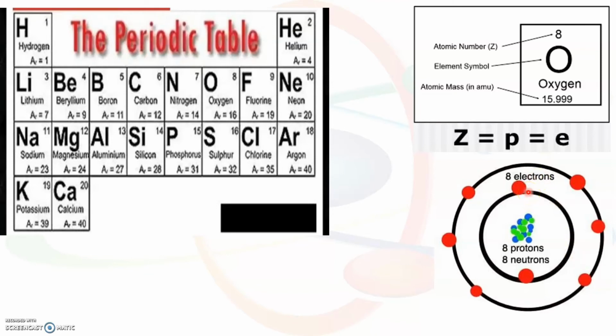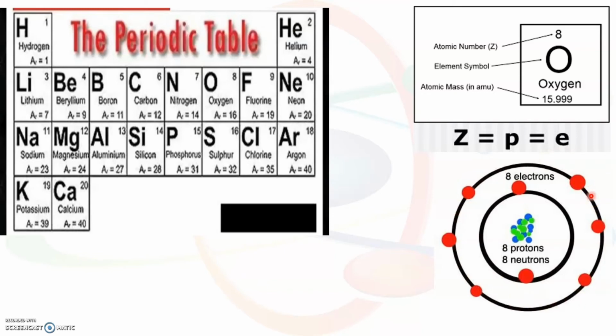The shell that is closest to the nucleus is called the first shell, then the second shell, third shell, and so on. The last shell in an atom, which is far from the nucleus, is called the outermost shell. So in case of an atom of oxygen, the outermost shell is the second shell, as this is the last shell which is far from the nucleus.